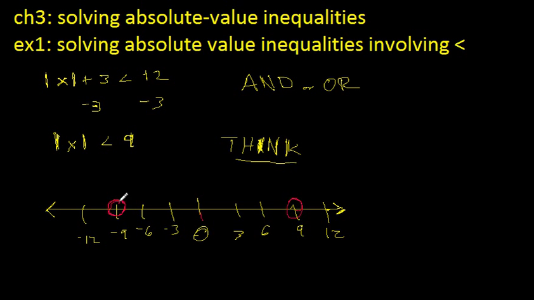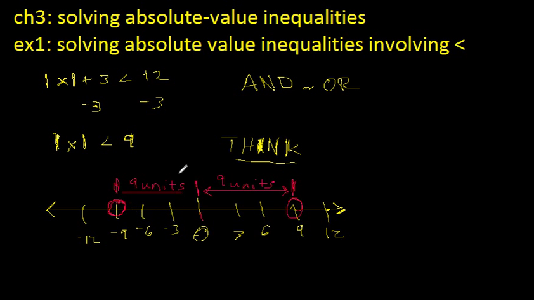There are two numbers that are 9 units from 0: -9 is 9 units from 0, and also +9 is 9 units from 0. This distance, 0 to 9, is 9 units, and this distance from 0 to -9 is also 9 units.